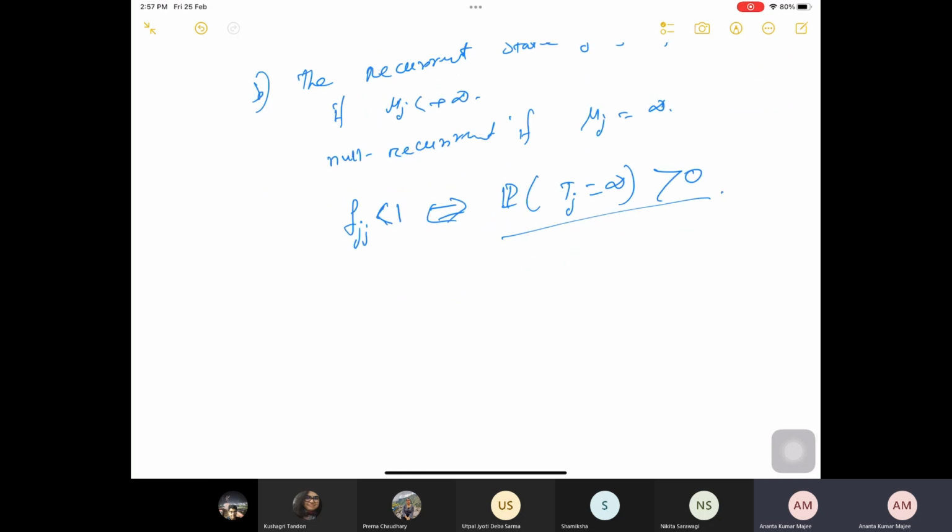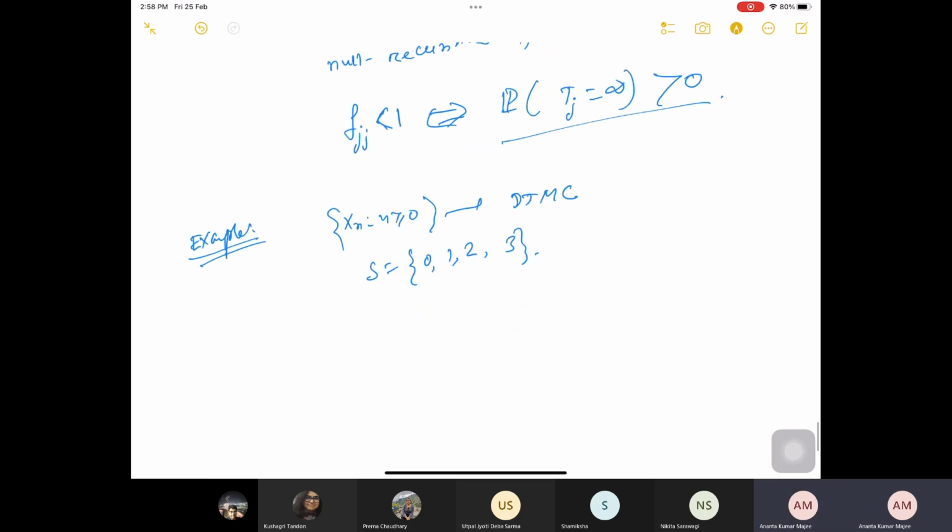And then we'll see. So you consider a Markov chain, a DTMC, with state space S equal to say 0, 1, 2, and 3. Okay, so four points are there, and the transition matrix P is given to you.